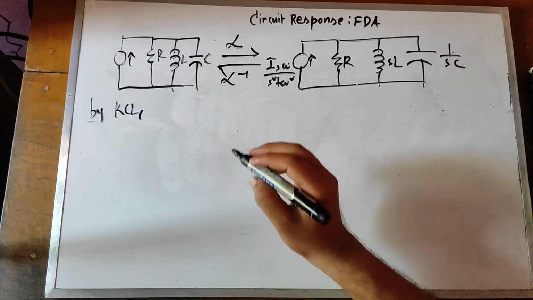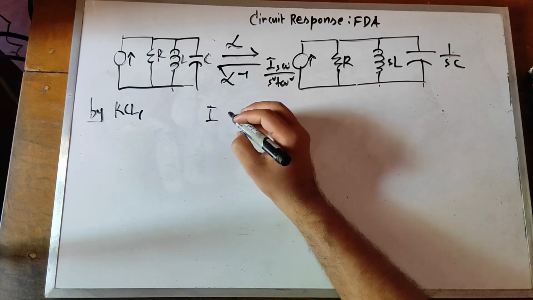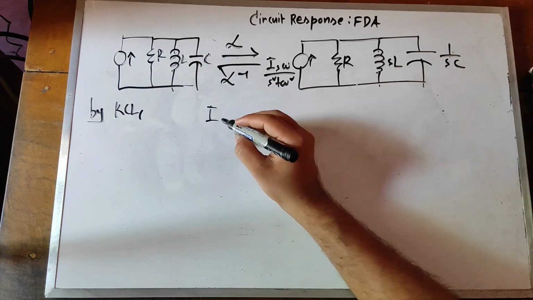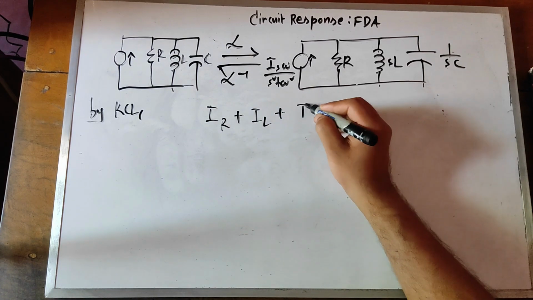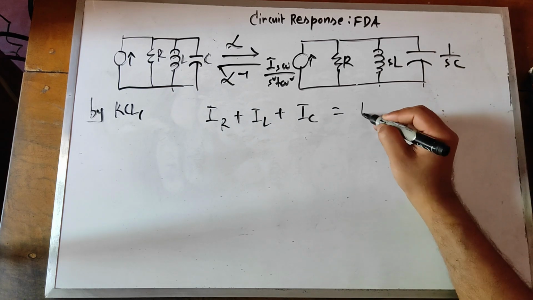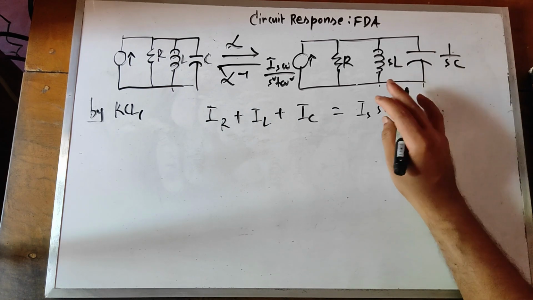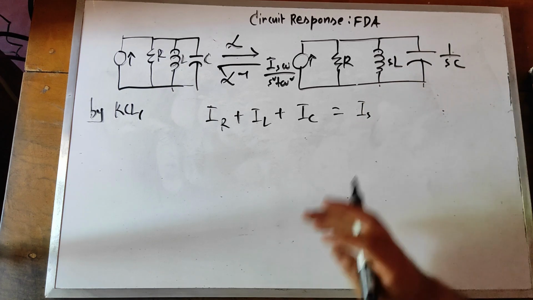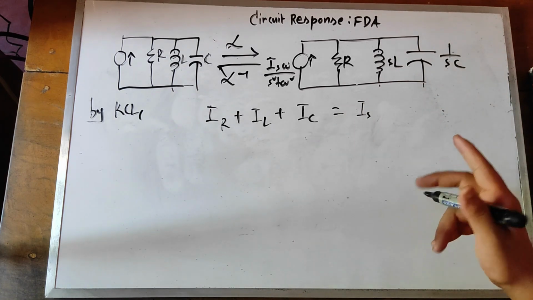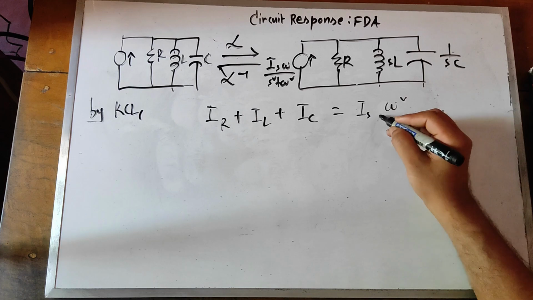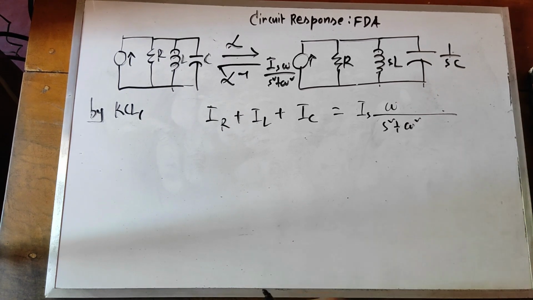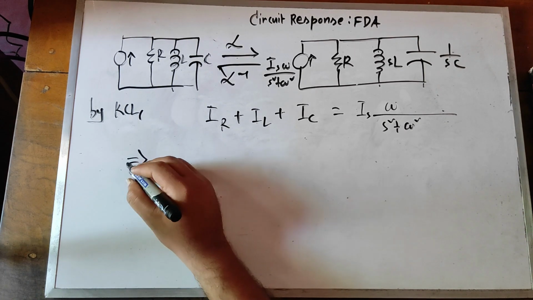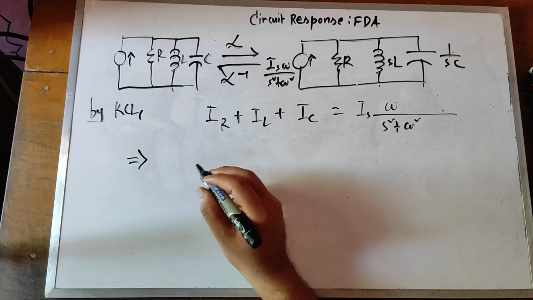if I take the node voltage equation in the frequency domain, I will find IR plus IL plus IC equals IS. So this is in the frequency domain, so it will be omega by s square plus omega square for the sine excitation, and I'm just writing it directly.